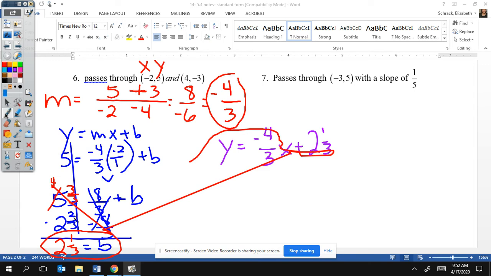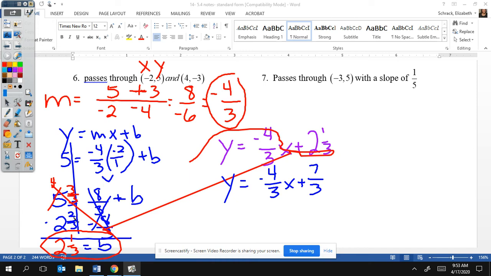What we need to do now, in order to get rid of these fractions, like in standard form, is change 2 and 1/3 back into an improper fraction. So y equals negative 4/3 x plus 2 times 3 is 6, plus 1 is 7, 7/3.